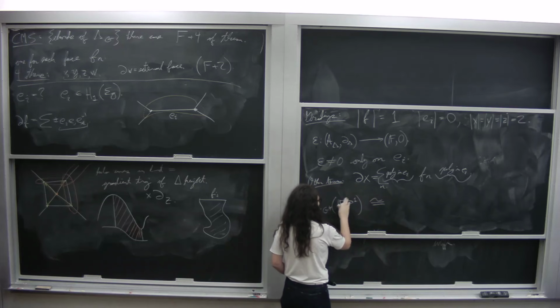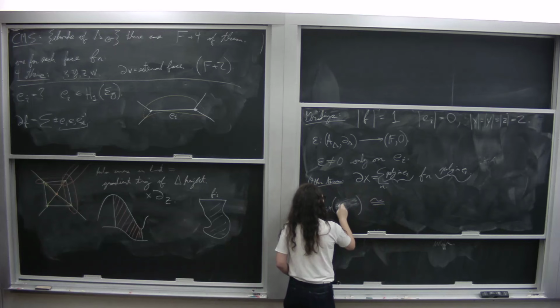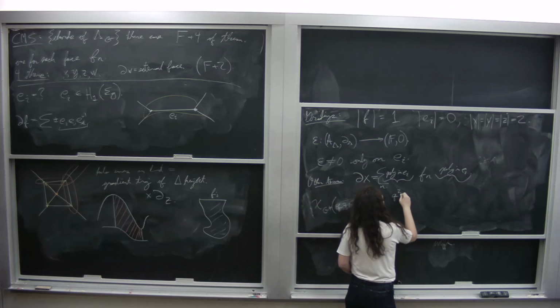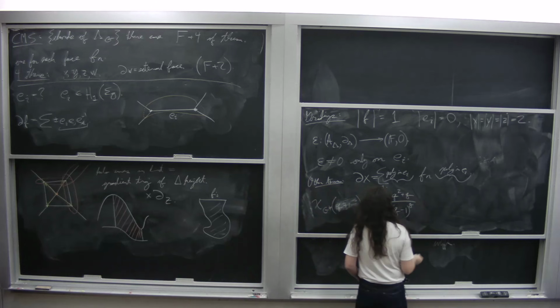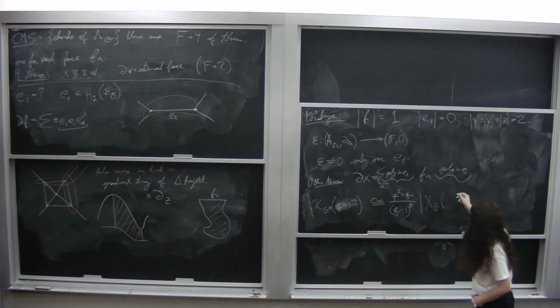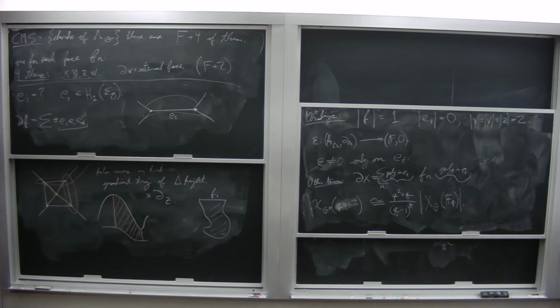Let me actually switch back to q plus 1. So we said that this was isomorphic to q squared plus q over q minus 1 to the g times the number of solutions in this xg Fq, right? So this was this result.